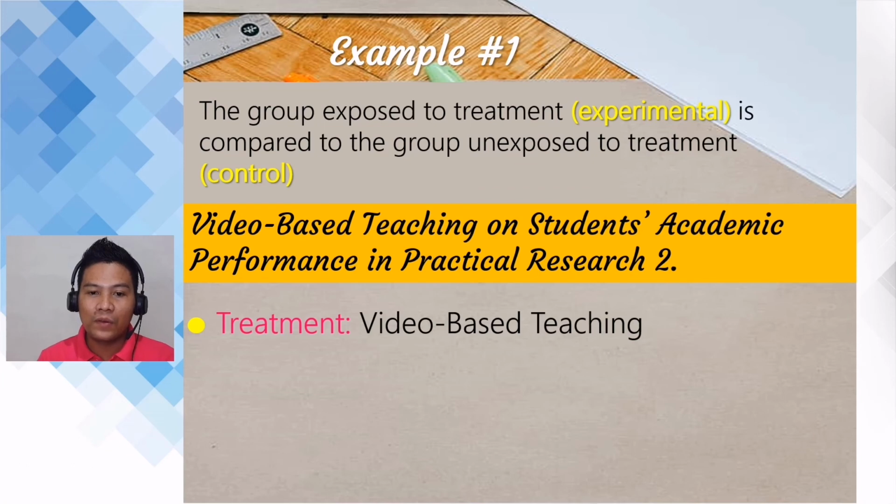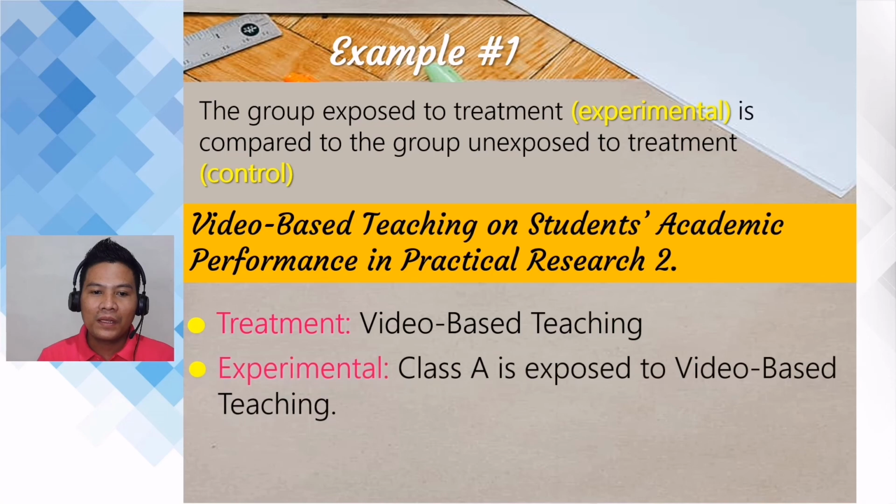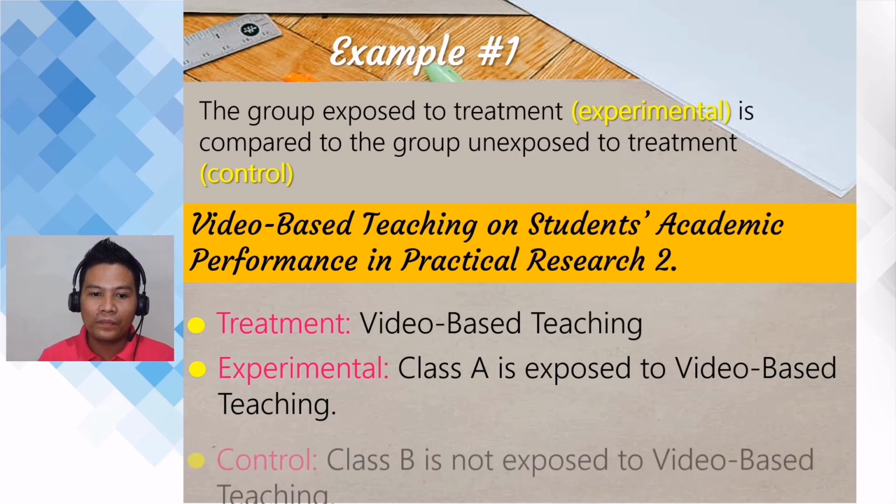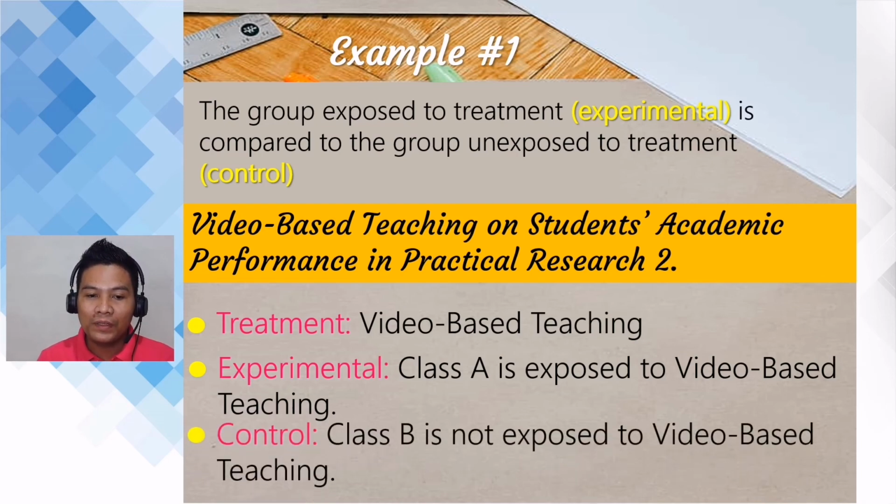That is the one that we are going to give to the students. For the experimental group, class A is exposed to video-based teaching, while the control group, class B, is not exposed to video-based teaching. That is an example of a quasi-experimental type of research.